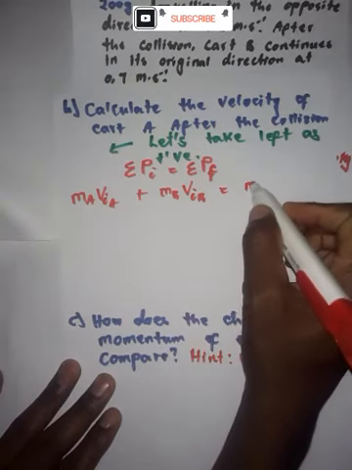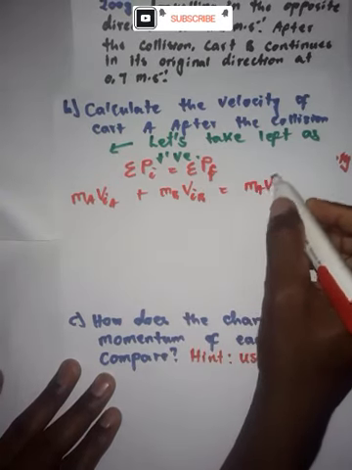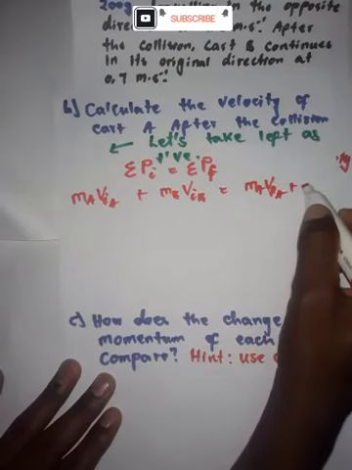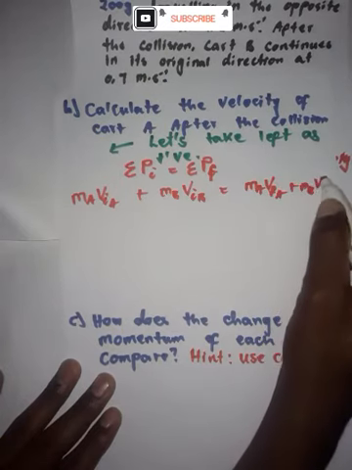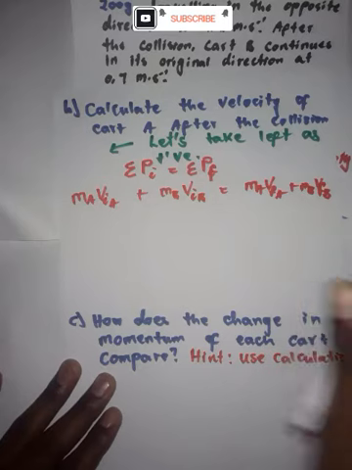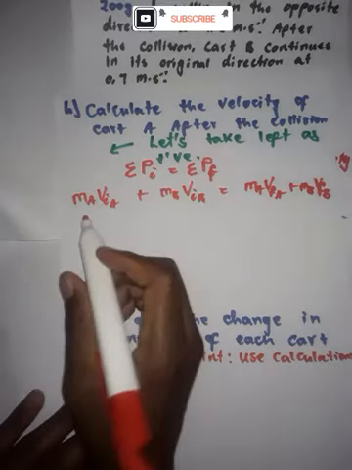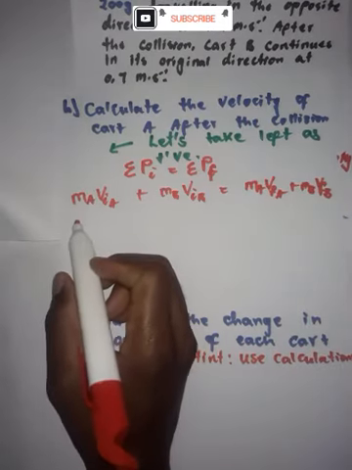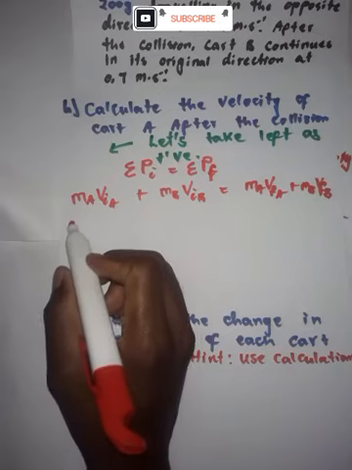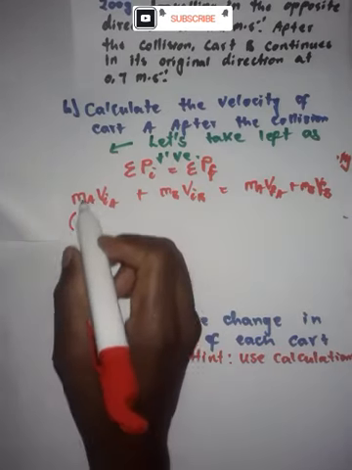This is the same as m of A v final of A plus m of B v final of B. Here we want v final of A. We're given all of these other things, so they gave us the mass of A.